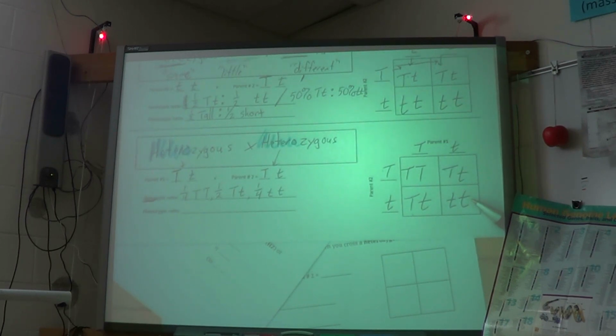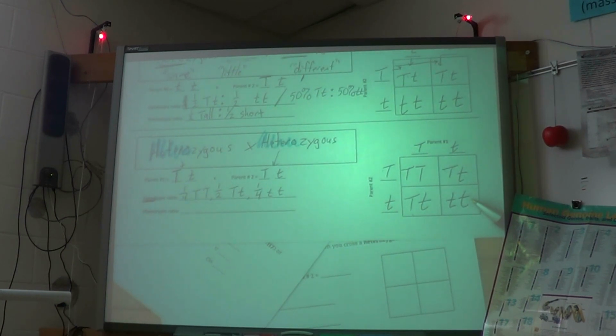Can I plant a 4th seed and it still be little t? Yeah. Each time I flip a coin is a random event. So each time they have produced a seed, in this case, there's a 1 out of 4 probability that they're going to be little t. These are possible outcomes. It's a prediction of outcomes, not a guaranteed result.